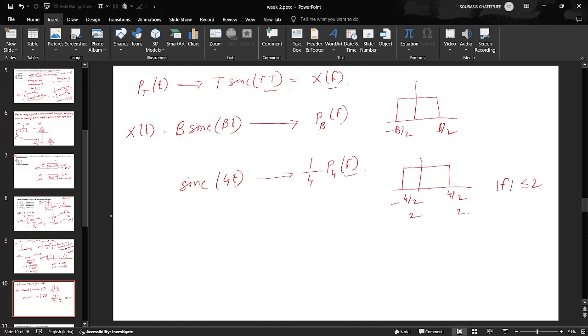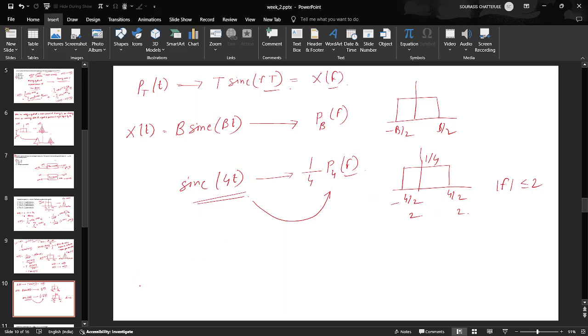So in the time domain we have sinc 4t, and the corresponding frequency domain representation comes out to be 1 over 4 times a pulse of width 4, so amplitude of 1 over 4.